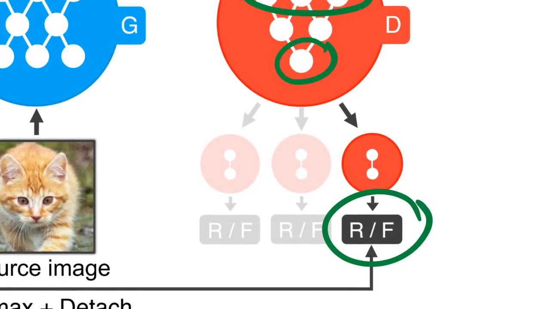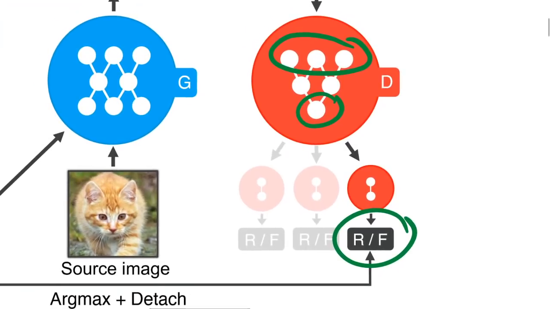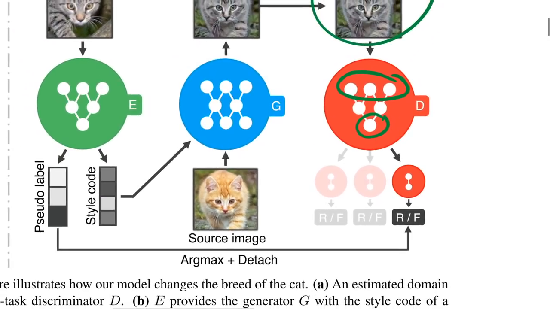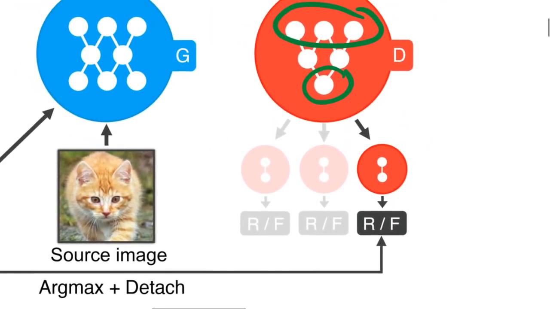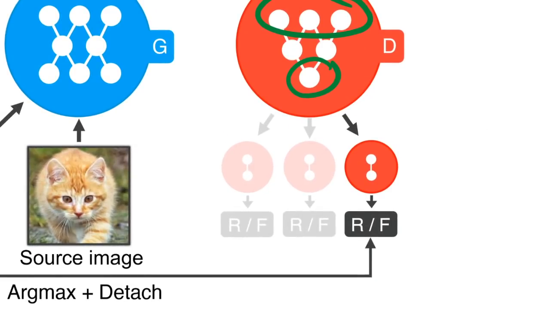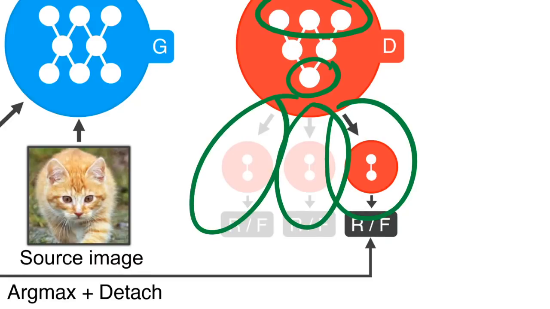Now, in fact, it's not as easy because you can see there are these multiple heads right here. This whole thing, as I said, is built on this kind of pseudo-clustering approach. There is this pseudo-label that comes out of the left side. We're going to look at that in a second. But in essence, you assume that there are multiple classes, multiple domains in the data set. And the discriminator here has one classification head for each of those classes.